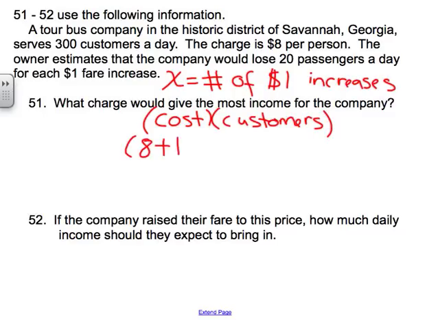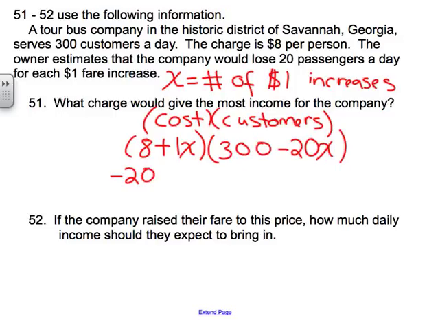It increases $1 for every increase I have. And of the 300 customers, I'm going to lose 20, so I'm going to subtract 20 for every increase I do. We're going to use FOIL and put it into standard form. I come up with negative 20x squared plus 140x plus 2,400.